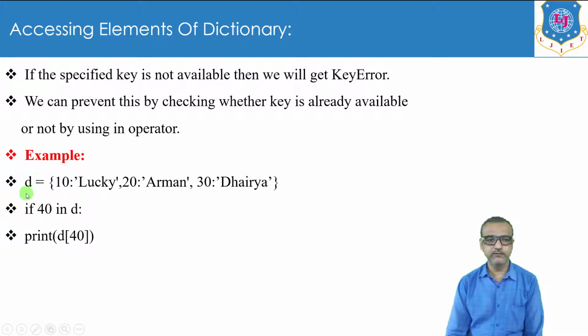For example, we have created a dictionary named D. Now we will check the presence of key 40 in the dictionary D by writing an if statement: if 40 in D. If the key 40 is available in this dictionary, then it will print D of 40, otherwise it will do nothing.